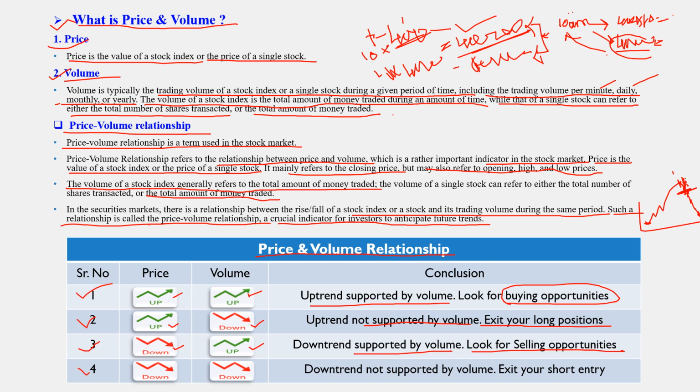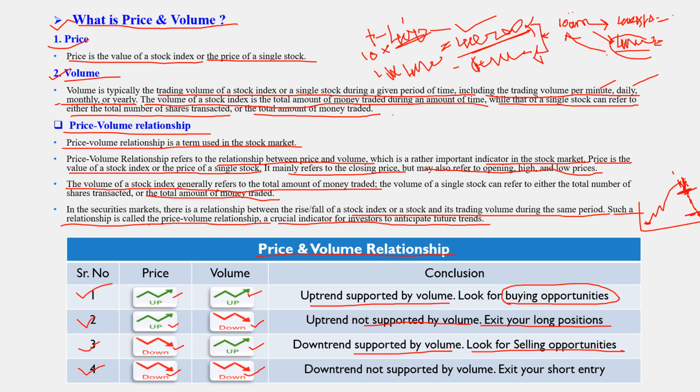Next, the price will be down and the volume also down. Means the downtrend is not supported by volume, which means exit your short entry. The market will be going down, down, down.